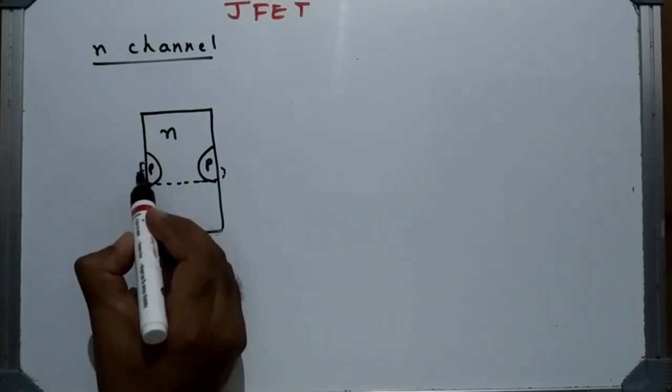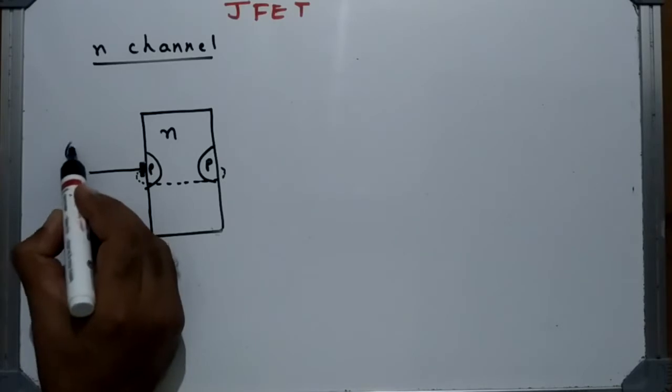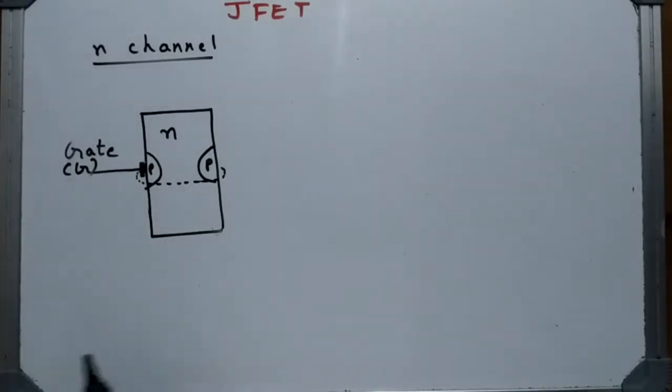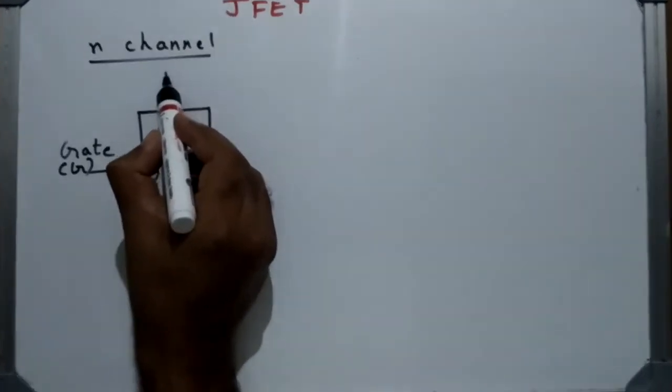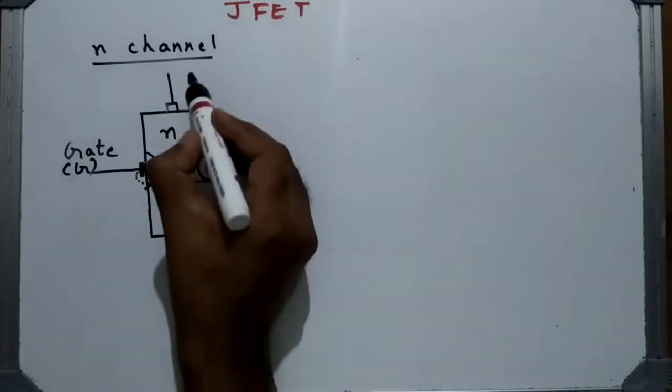From this one metallic lead is taken for the external connection, and this terminal is called gate. From the two ends of the bar, again two metallic leads are taken for the external connection.